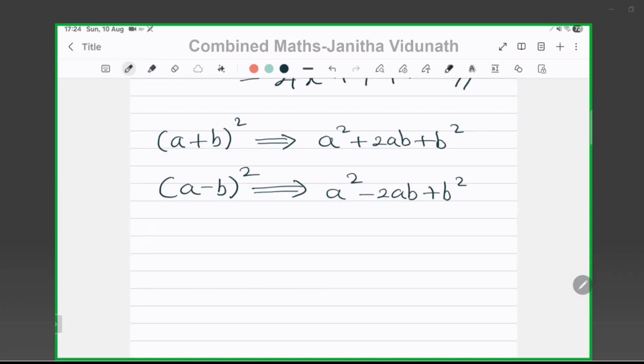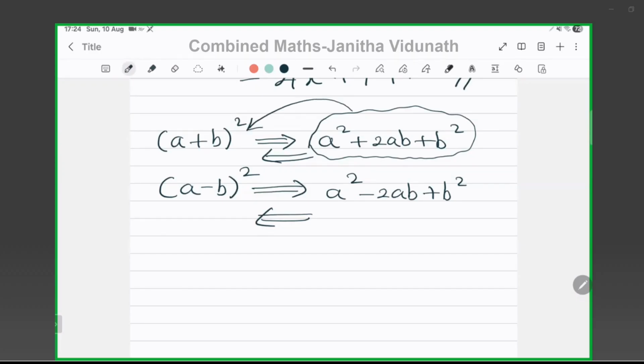Now we have to do this the other way around. It means if there are three terms like this, then we need to write this as the sum of two terms, addition of two terms, or subtraction of two terms whole square. Like if someone gives a square plus 2ab plus b square, then we need to write it as (a + b) whole square.